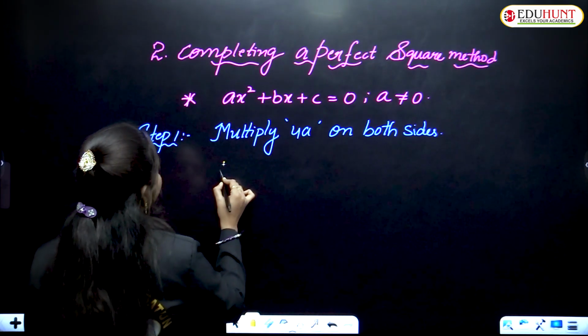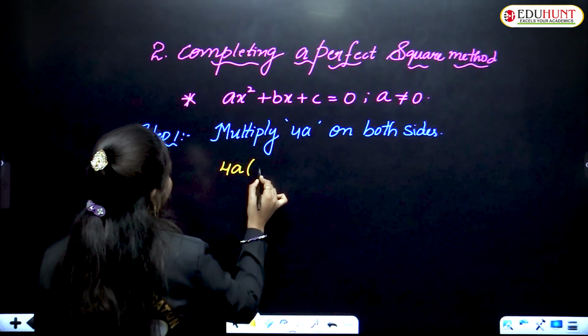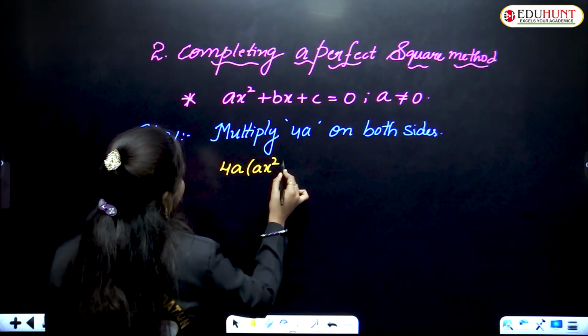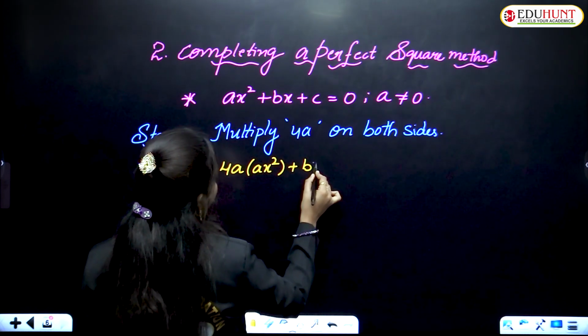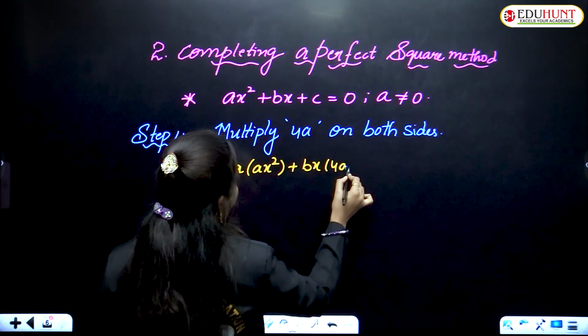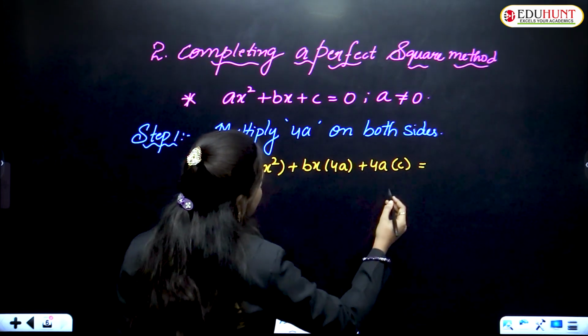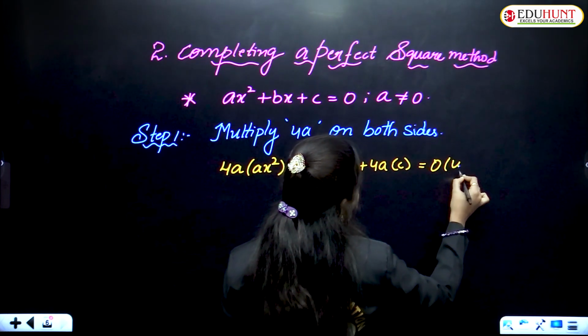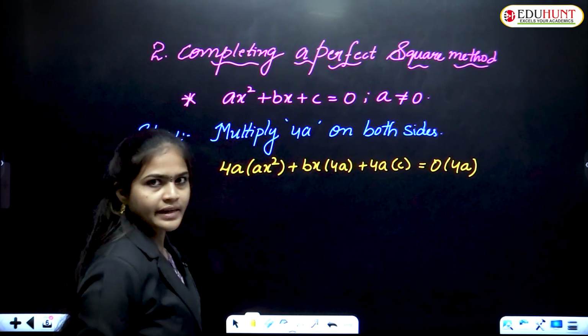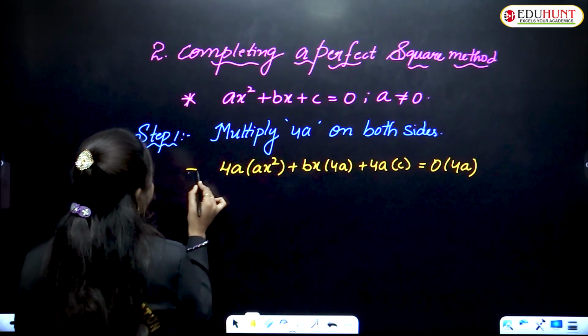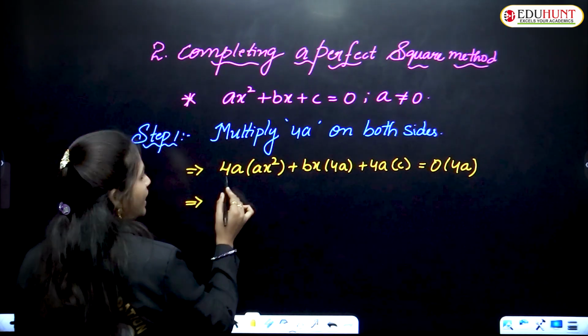So 4a into ax square plus bx into 4a plus 4a into c, which is equal to 0 into 4a. Understand?